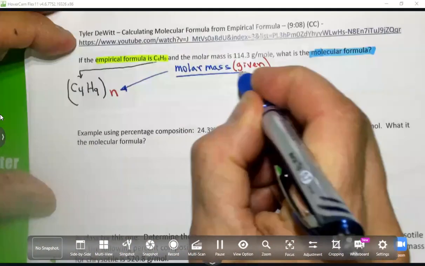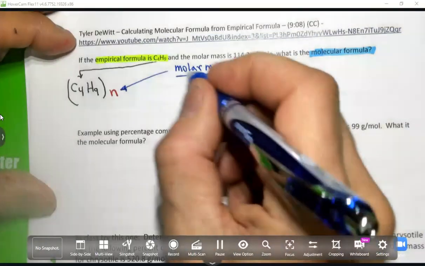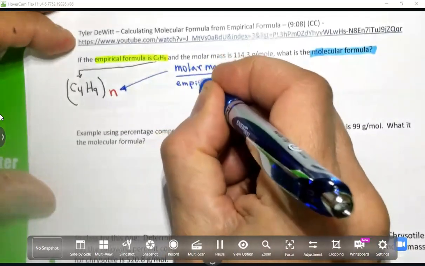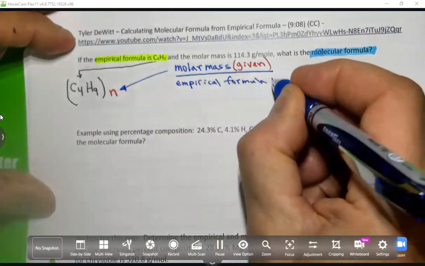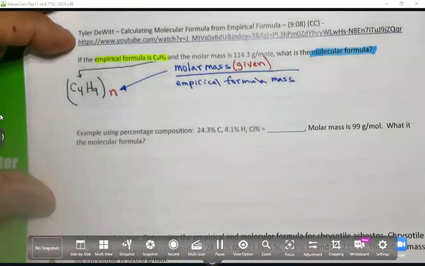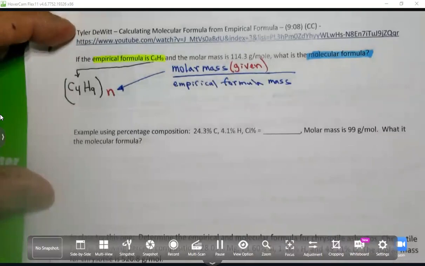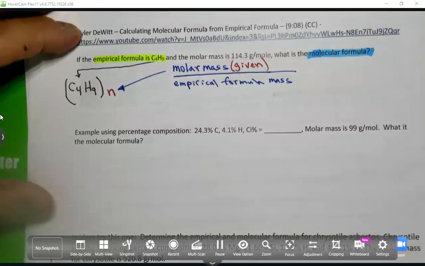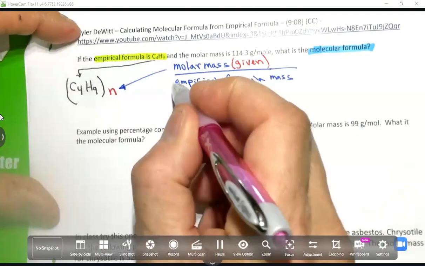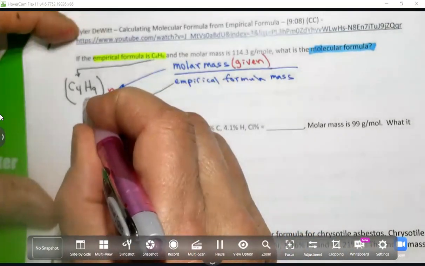We take the molar mass and we divide by the empirical formula mass. And the empirical formula mass is this mass right here. That is the empirical formula.